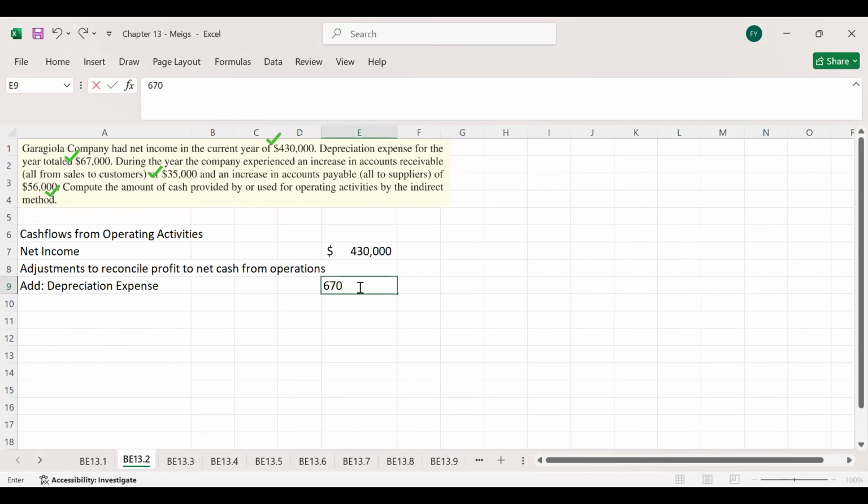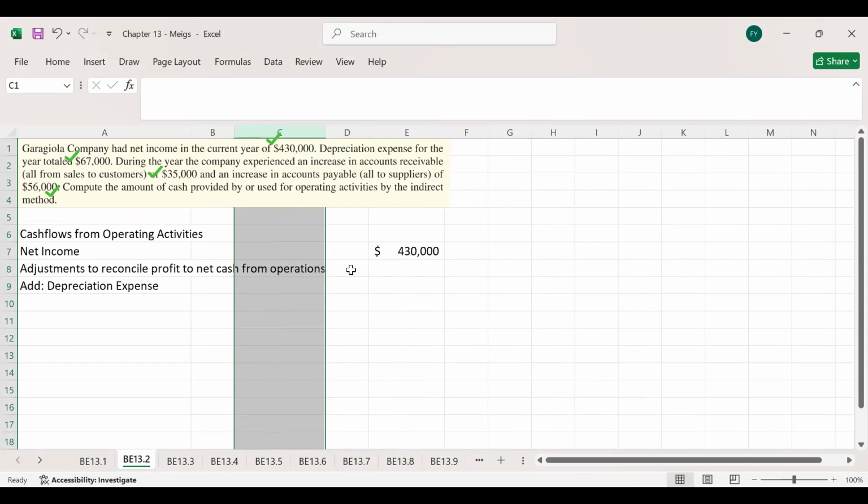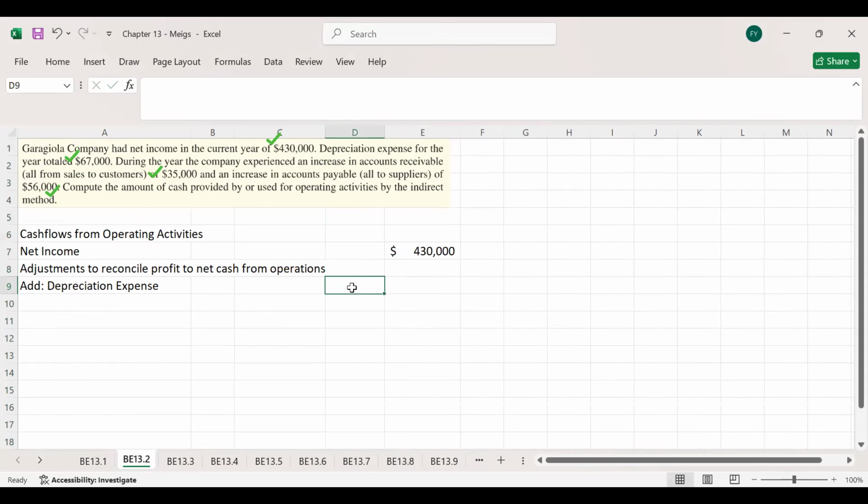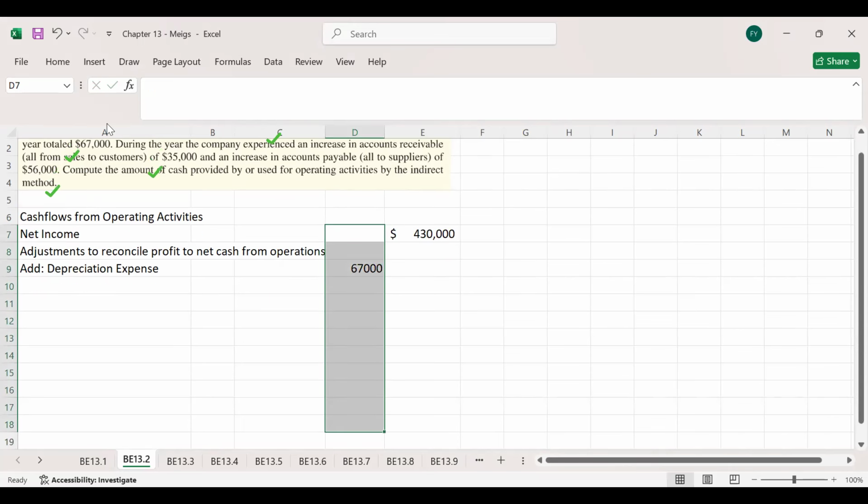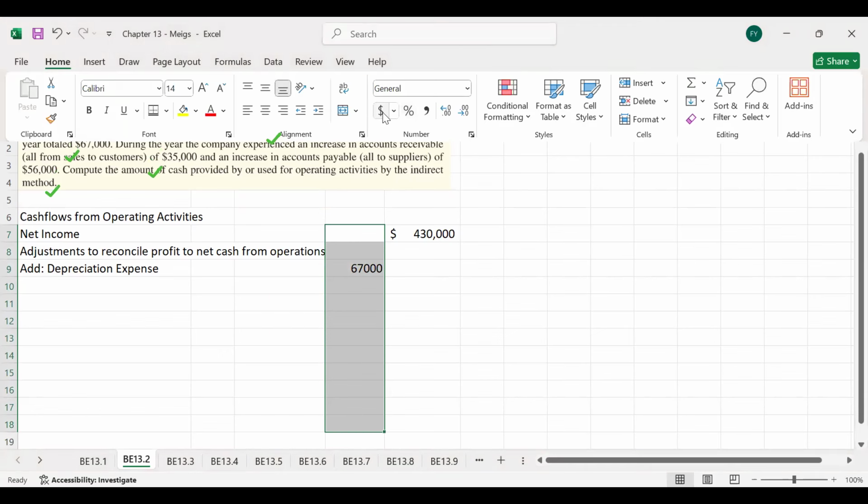For presentation purposes, we are going to add or subtract all the adjustments in the inner column. So in the inner column we have $67,000 positive. Again, as these amounts are in dollars, we show the dollar sign.